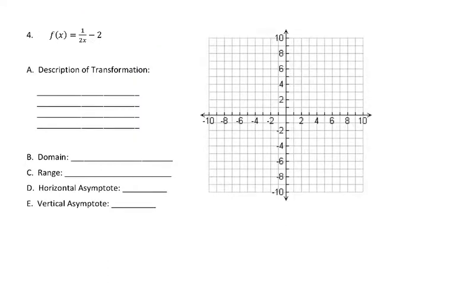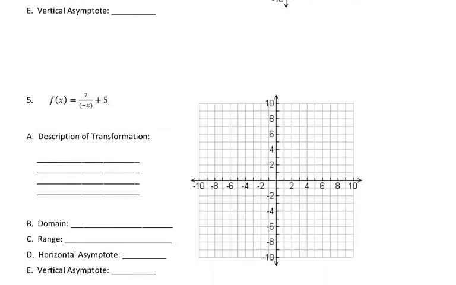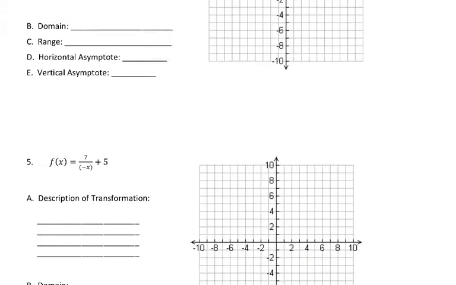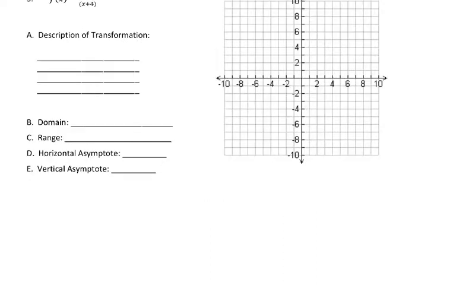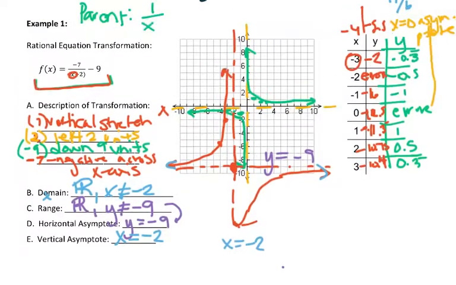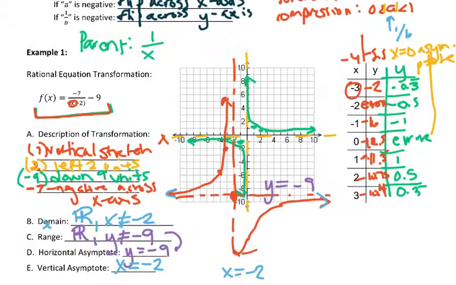Over here we've got some 2's in different places, and then we've got a negative and a 7 and a 5. So all you're going to do is do exactly what we did in the first one, where you're going to graph the parent function if you would like, but otherwise the actual function as well. Identify what each of those new values is doing to the function, and then of course give us our domain, range, and asymptote values.